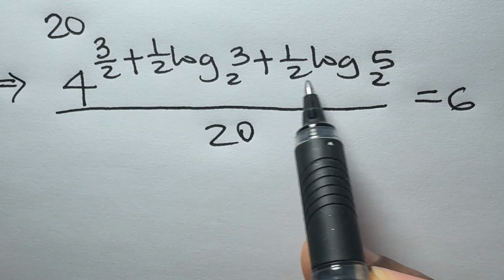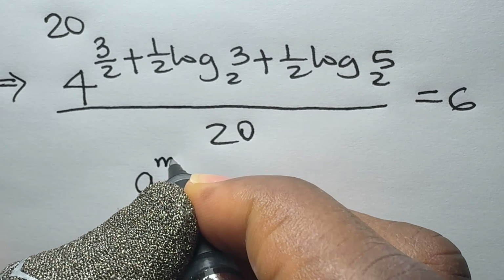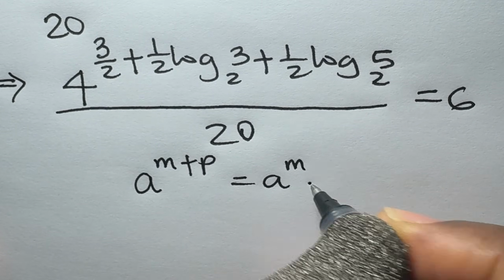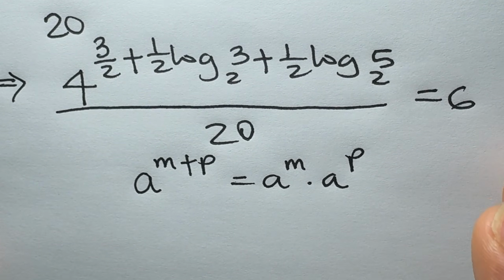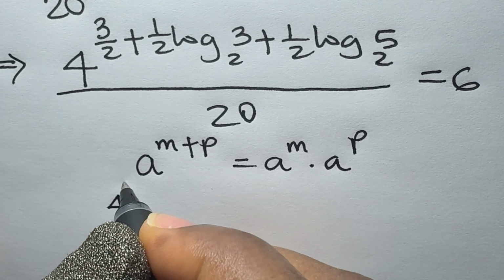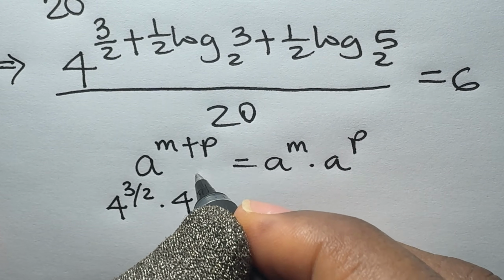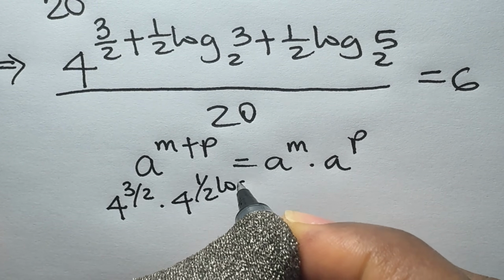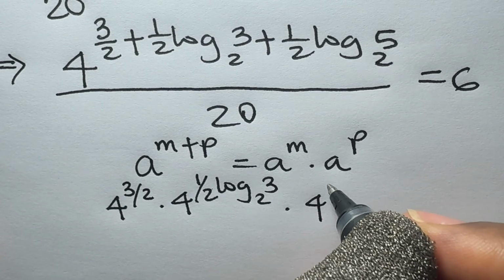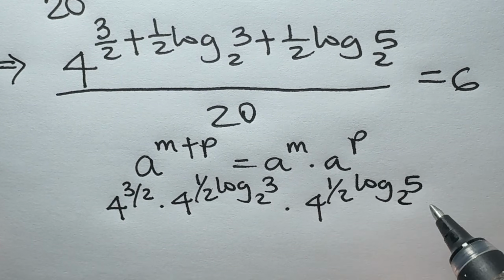I'm going to separate all of these powers using this law of indices. A raised to power m plus p will give us a raised to power m times a raised to power p. Therefore, we are going to have 4 raised to power 3 over 2 times 4 raised to power 1 over 2 log 3 base 2 times 4 raised to power 1 over 2 log 5 base 2.